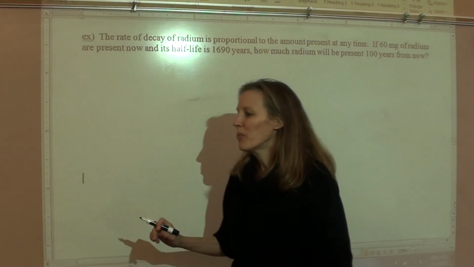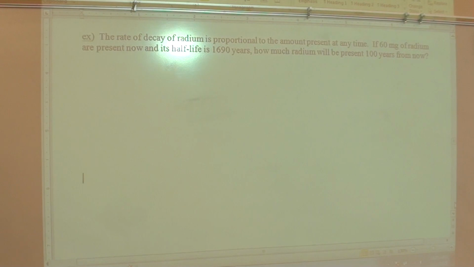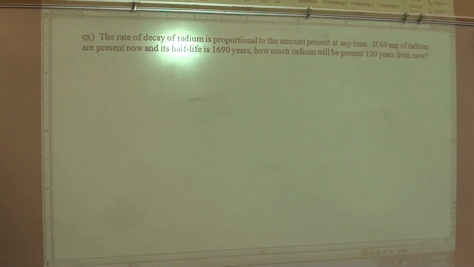The rate of decay of radium is proportional to the amount present at any time. If we call radium R, I want everyone to take a moment and see if you can write the differential equation for this problem. Don't worry if it's growth or decay, just think change. The rate of change of radium is proportional to the amount present at any time, meaning the amount of radium present.